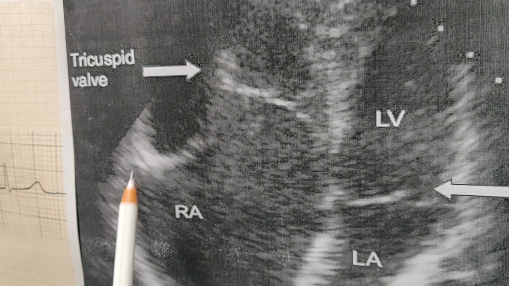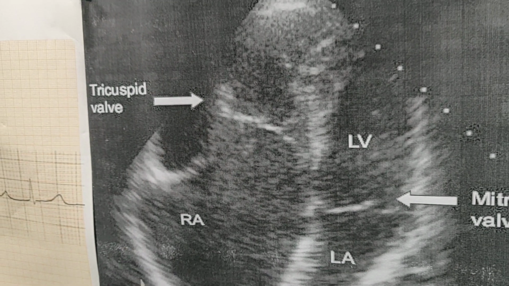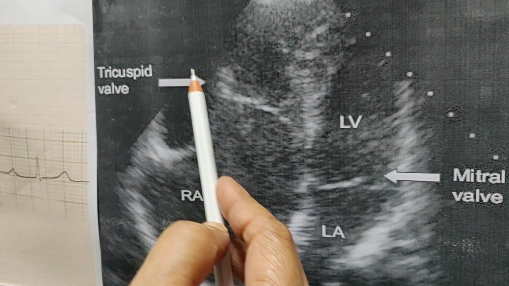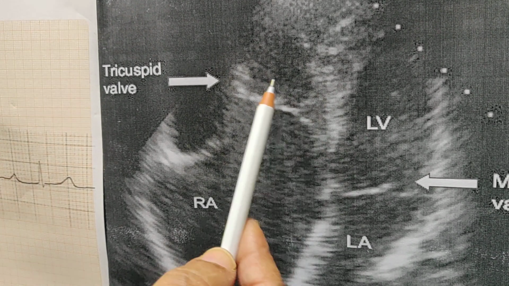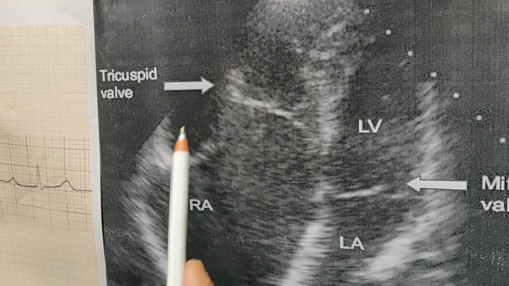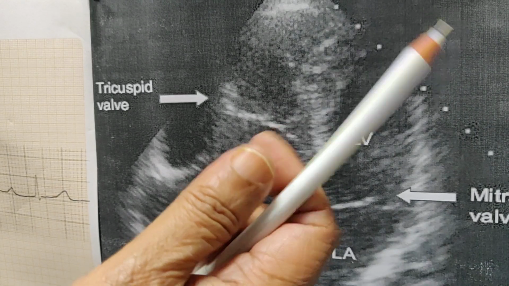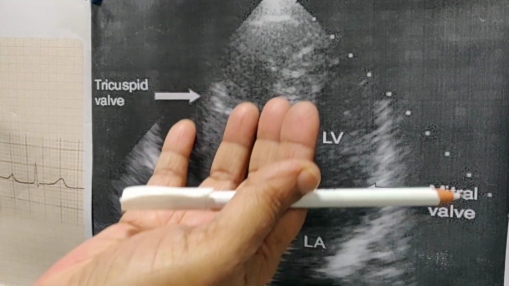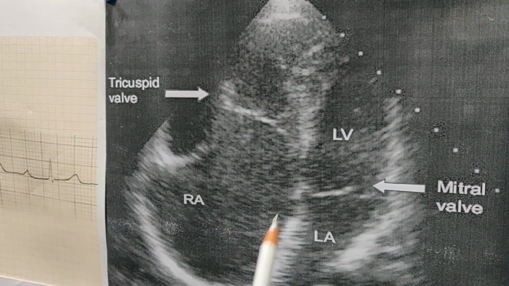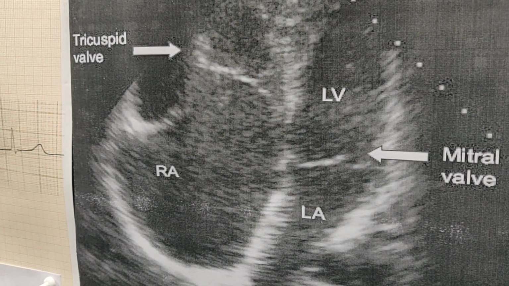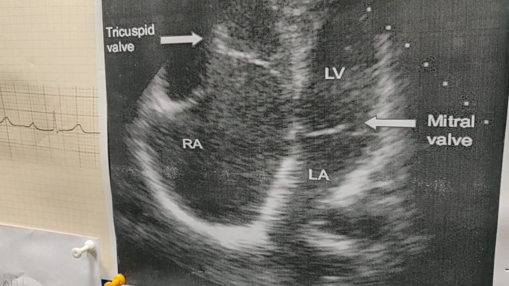So what has happened is the right atrium is dilated. Even the right ventricle is slightly dilated, but the right atrium is huge, and there is atrialization of the right ventricle, because part of the atrium has actually been inserted into the right ventricle. So this is Epstein's anomaly. Now what will happen in the ECG of Epstein's anomaly?